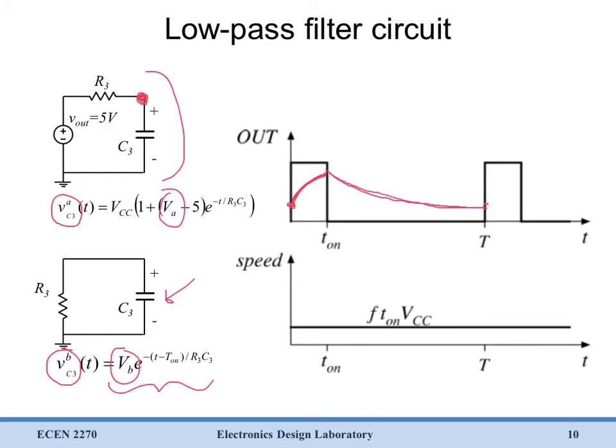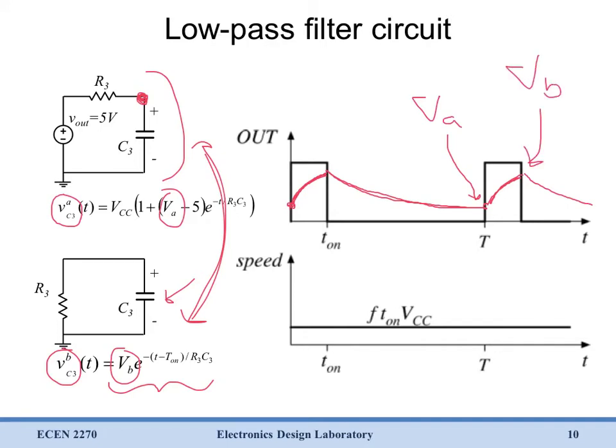And then we're going to turn V out on again and transition back up to this circuit, and we're going to increase a little bit, and then we're going to turn off and transition back down and droop some more. And so VA is this voltage level right here. That's this lower peak, and VB is this voltage up there. That's the upper peak.